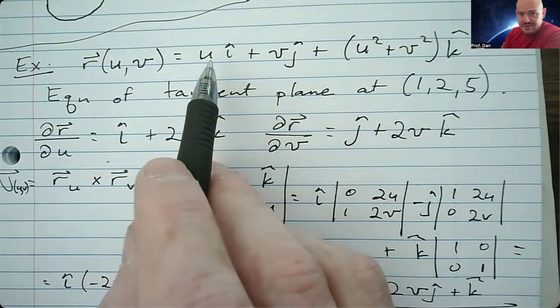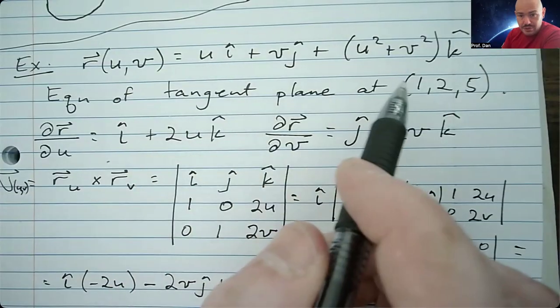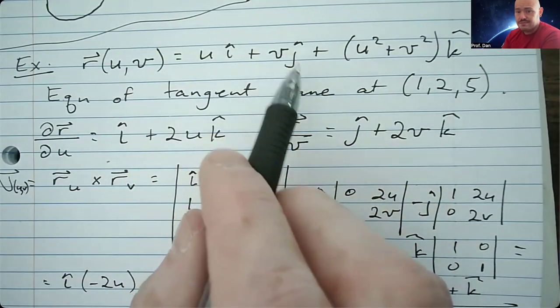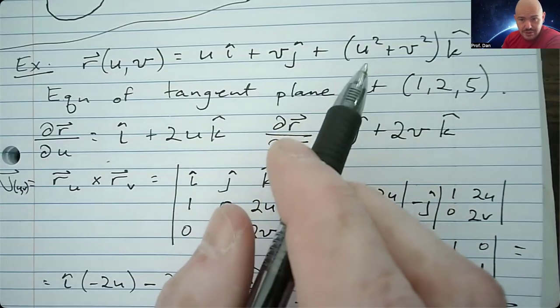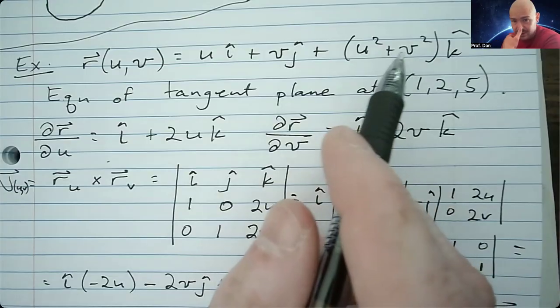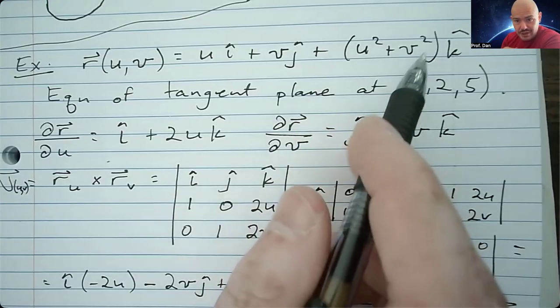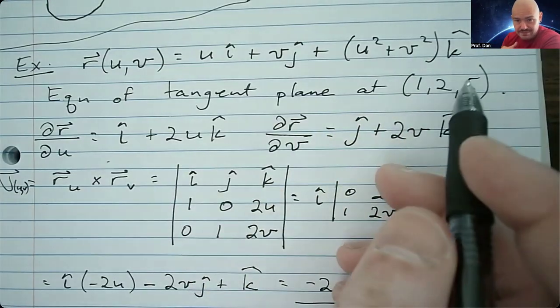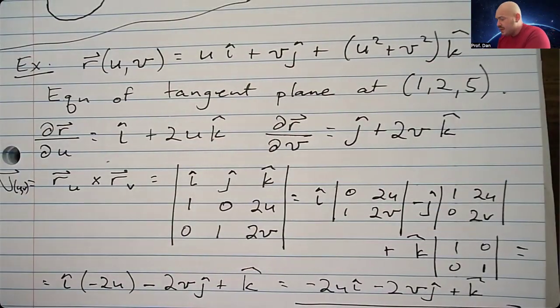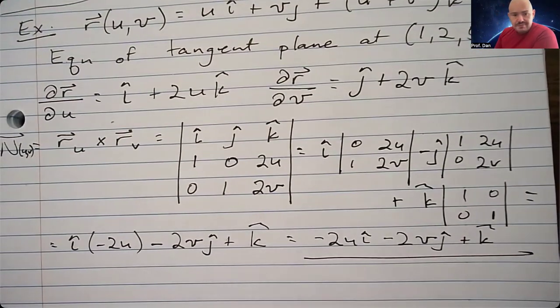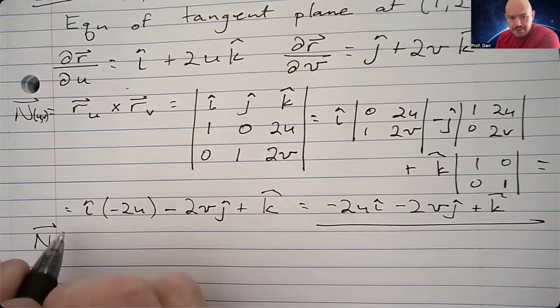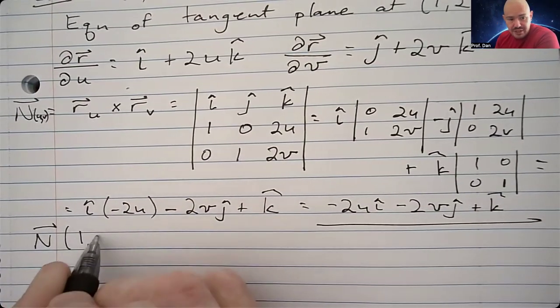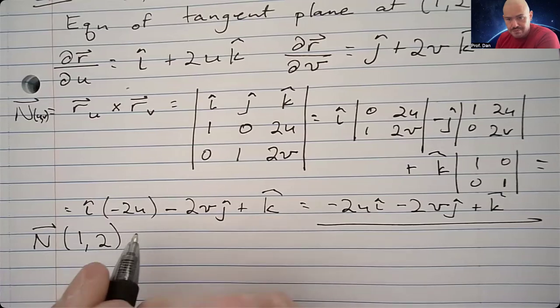Luckily for us, it's pretty straightforward. x is u, so u would be equal to 1. y is v, so v would be equal to 2. And if I wanted to test that, I know that the z coordinate would be u squared plus v squared. 1 squared plus 2 squared gives me 5. So it lines up. So with that said, we know that we're essentially looking for the normal vector when u is equal to 1 and when v is equal to 2.